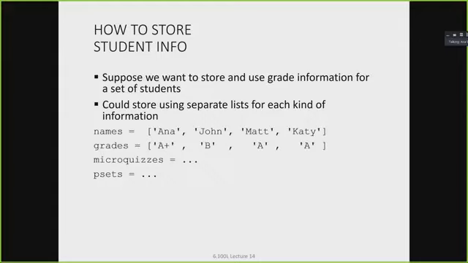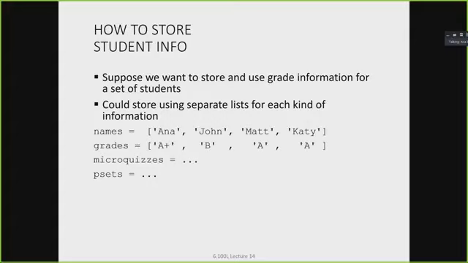So let's say we want to store grade information for a bunch of students. With what we know so far, we can store information using lists. It's a very reasonable data structure to use because we might get new students in the class, students might drop, grades might change, things like that. So let's use this mutable data structure, a list.